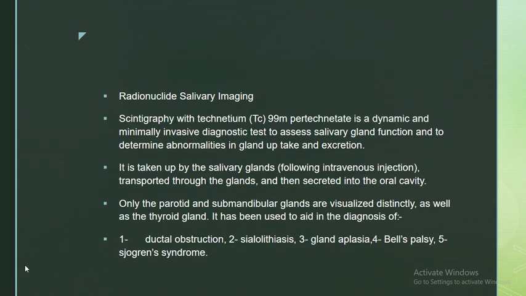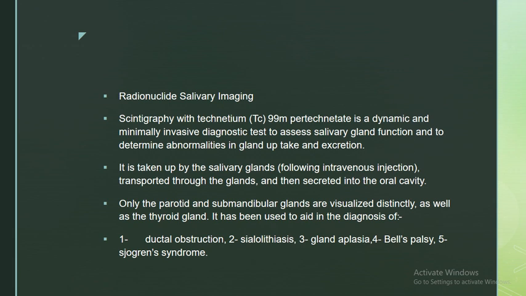Now for radionucleotide salivary imaging, scintigraphy with 99m technetium pertechnetate is a dynamic and minimally invasive diagnostic test to assess salivary gland function and to determine abnormalities in gland uptake and excretion.